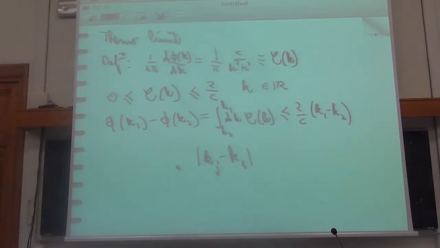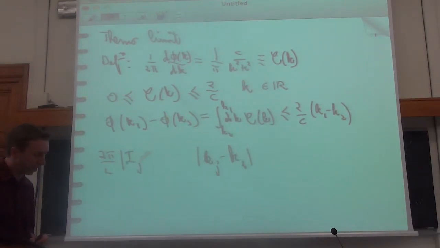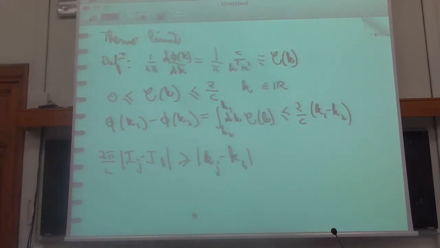So necessarily 2 pi over L times the difference between the quantum numbers has to be larger than the difference between the associated rapidities. So we can immediately write, very simply, 2 pi over L times the absolute value of Ij minus Il can only be greater than or equal to the difference here. So already the differences between the rapidities are bounded once you fix the difference between the quantum numbers here.